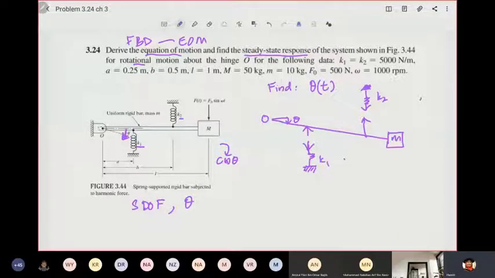Whereas your K1 and K2 are linear. What is the displacement if it's a linear system? It's actually x, isn't it? So if you want to write the force of a spring, it's actually kx.